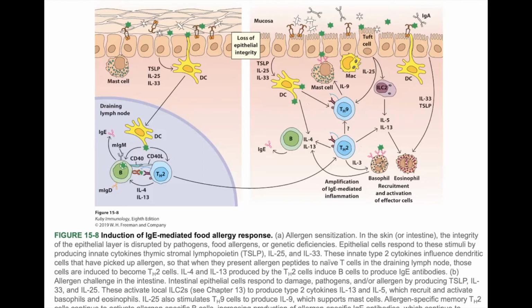And then again, this is where it switches over into more of a type 4 response, where it's cell-mediated by itself, because we can get activation of the T cells and involvement of the T cells. In the intestines, we don't see that classically in the skin, okay? But you can see that we can get mast cell degranulation, mast cell involvement, and a number of different cytokines that are going to be present also.